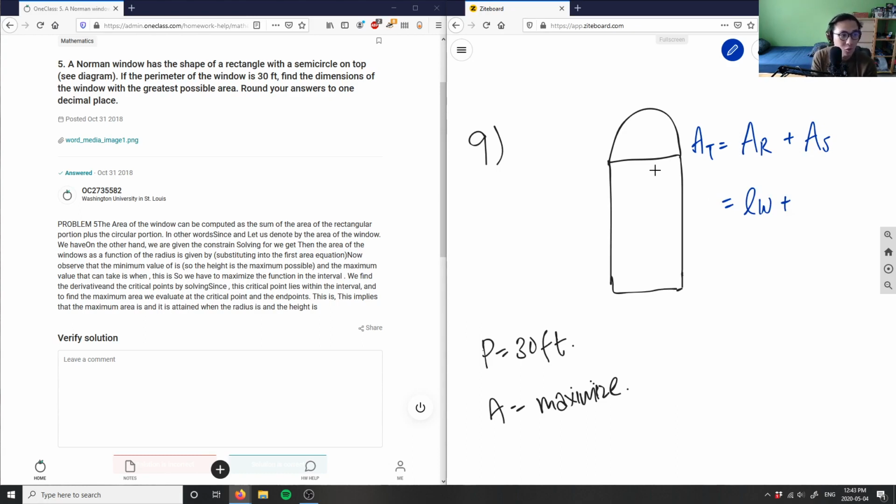If I know the area of a circle is pi r squared, the area of a semicircle would have to be half of that, right? So it's going to be half pi r squared. So this will be our total area.